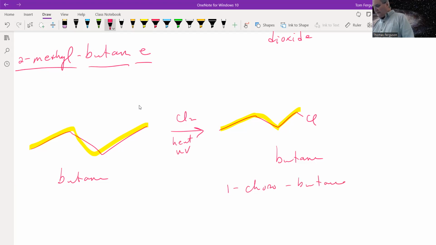The other is 4-chlorobutane. Which is better? 1 chloro or 4 chloro? 1. 1 is better. Okay.